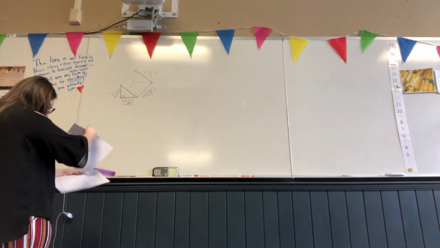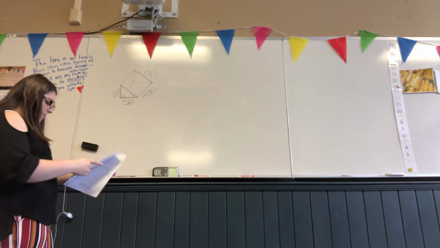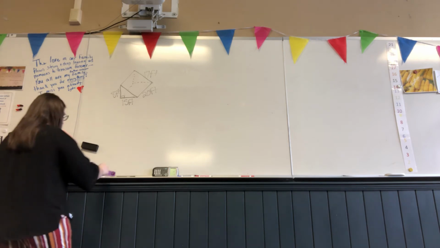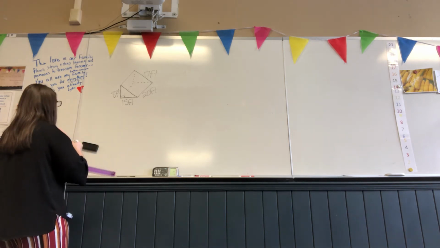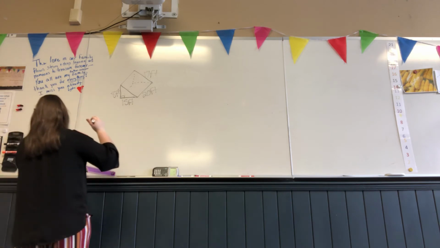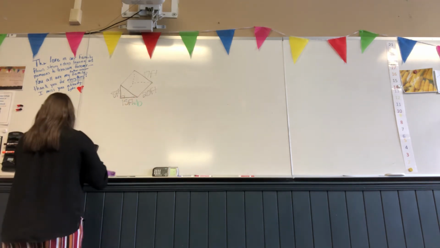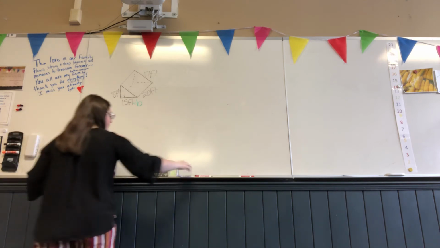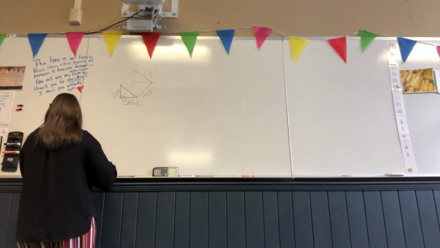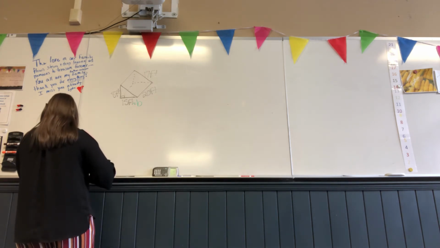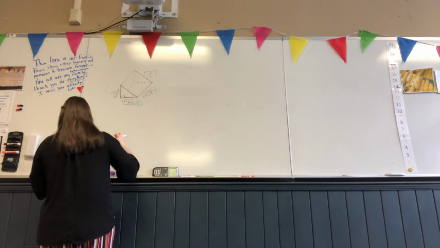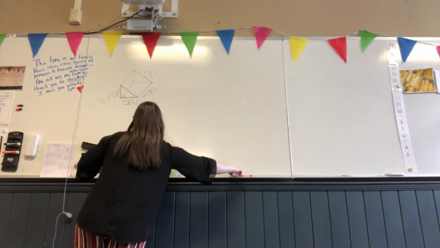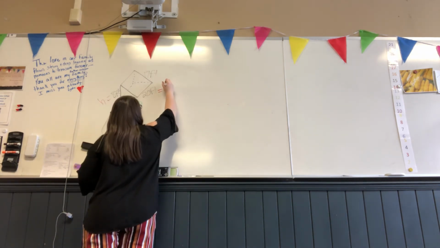Now this one, we have the formula as 1/2 B times L times H. So let's see, this would be our base. This is going to be our height, and then our L, so to speak, is going to be 20.